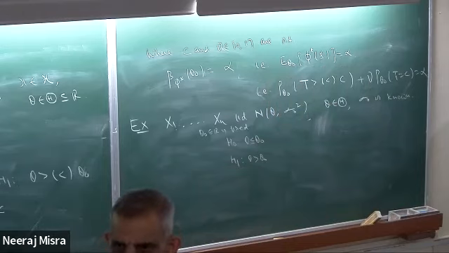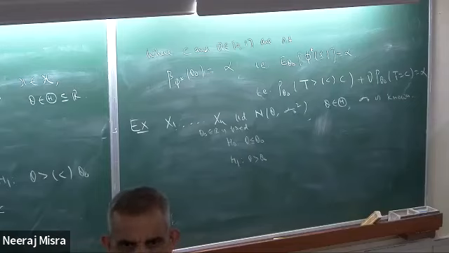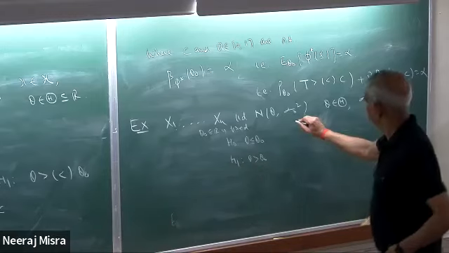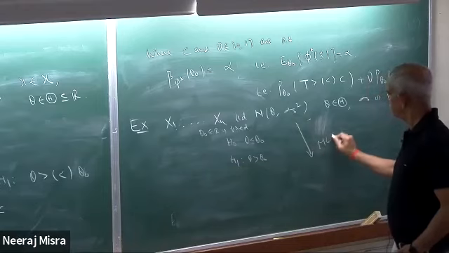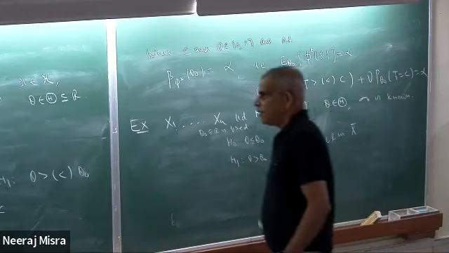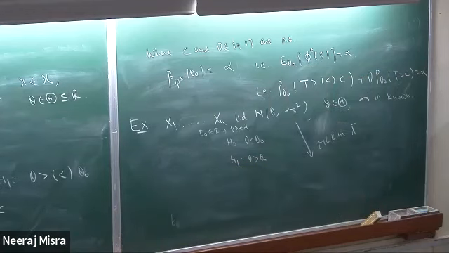Constants you can always multiply and pass on, so you can take t also to be x bar. So T(x) is x bar, so it has MLR in x bar, right? That we have seen. So what is a UMP alpha test?